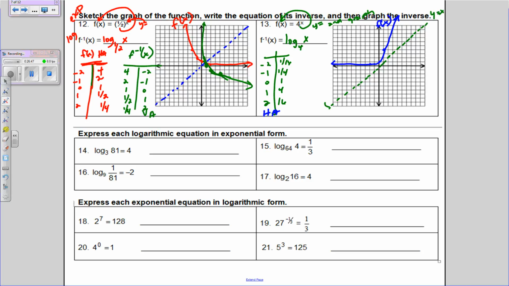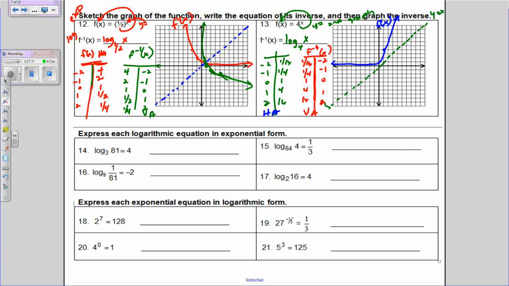Then, for the inverse, which is f -1 of x, which is the log, switch your columns, which switches your ordered pairs. So we'll have 1/16, 1/4, 1, 4, 16, and -2, -1, 0, 1, and 2. So they both are increasing even though they're inverses.